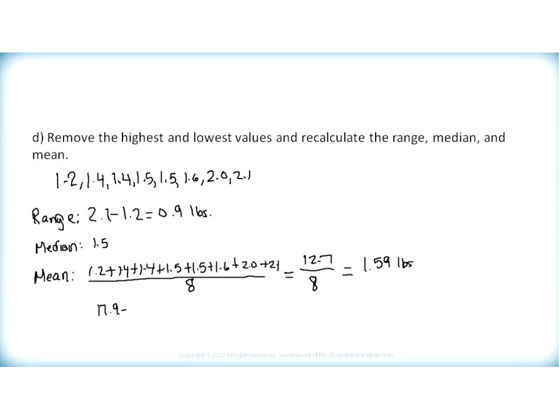Well, I'm going to take away my highest and my lowest values, and that will also give me 12.7. That would once again be divided by 8 because I've removed 2 terms, and I'm going to get again 1.59 pounds. So it's a second way that you can calculate your trimmed mean. This is a trimmed mean in this case.